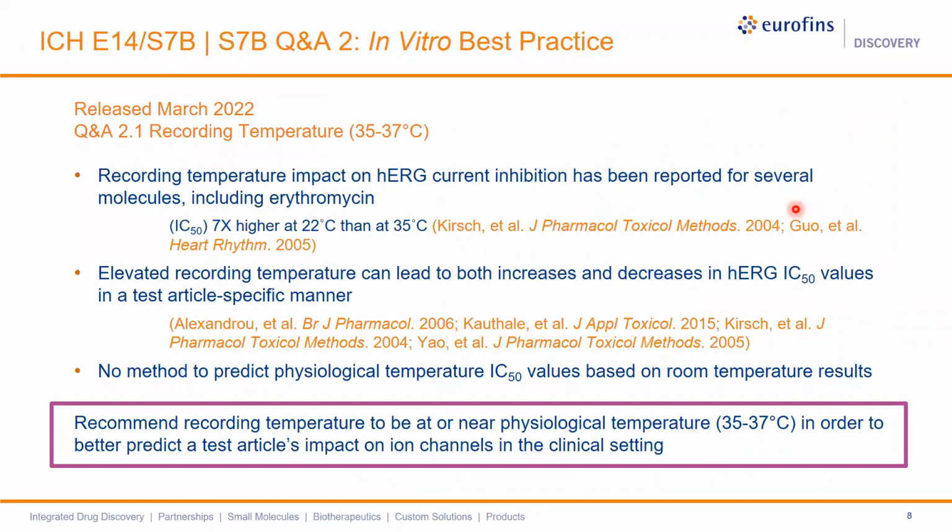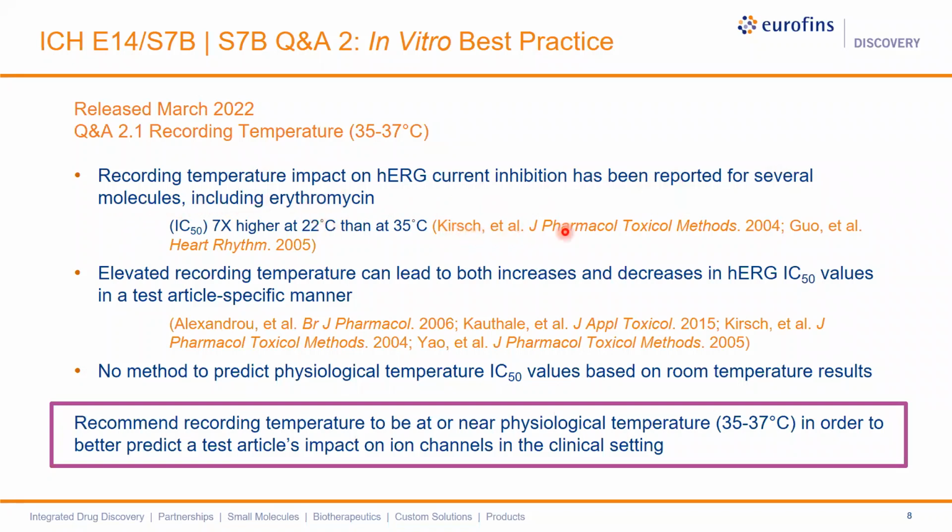So in this slide, I'm giving the salient features of the ICH E14/S7B questions and answers from March 2022, specifically Q&A 2.1 for S7B, which focuses on recording temperature. The recording temperature can impact hERG current inhibition and has been reported for several molecules, including erythromycin.